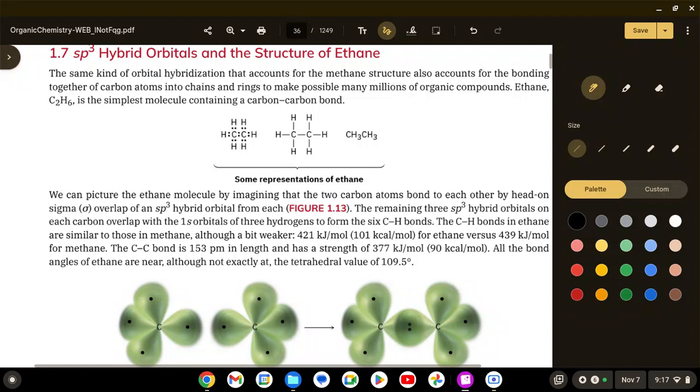1.7. sp3 hybrid orbitals in the structure of ethane. This is where you start to get rotations and different conformations. There's a difference between conformation and configuration. A conformation, you don't have to break a bond. A configuration, you do. So if I were to do this versus this, that's a configuration, because that pi bond has to break and reform after a rotation.